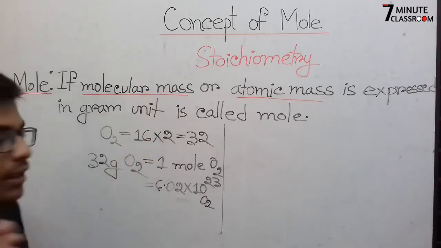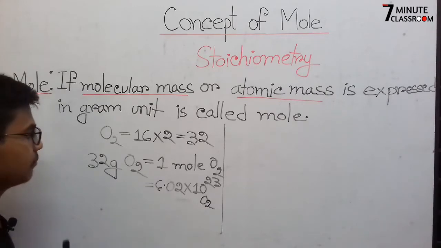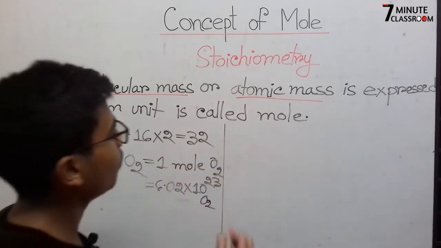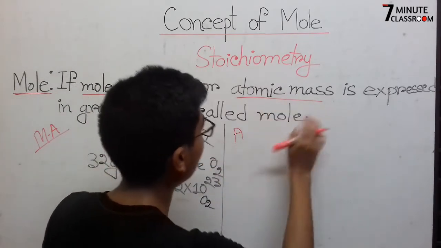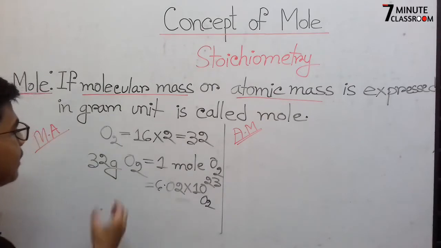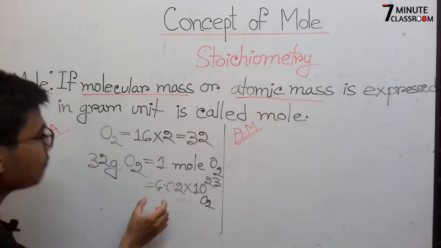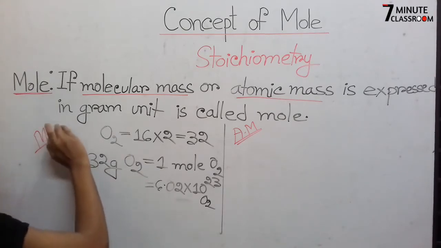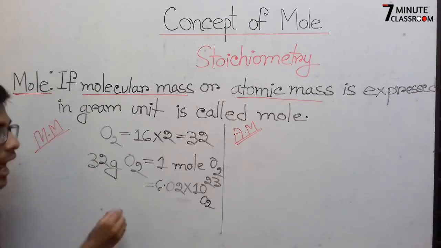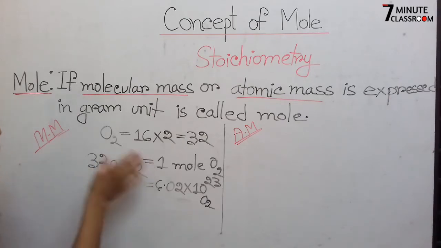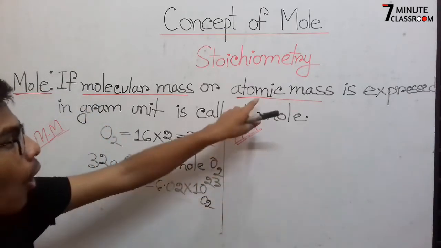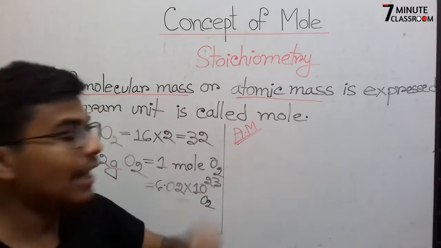I have given an example of molecular mass, which I have written in short form as mm. Now I will give an example of atomic mass, which I have written here as am, that is atomic mass.